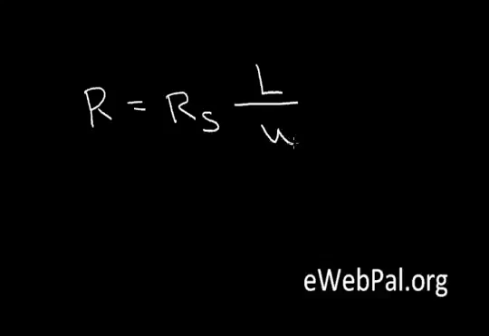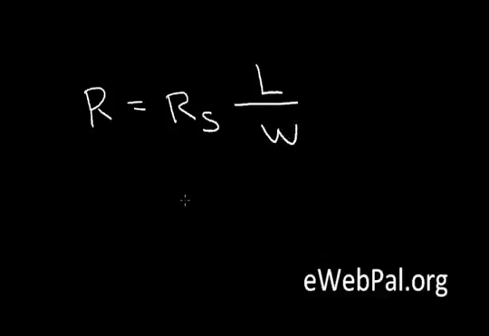Recall in a previous video that we said that resistance was equal to the resistance of a thin sheet, we called it the sheet resistance, times the number of squares, which was the length divided by the width.